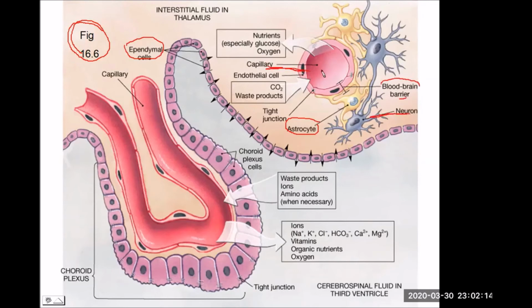In order for various chemicals to enter into the central nervous system, they have to filter through the astrocyte before they reach the neurons. And that property is regulating the makeup of our interstitial fluid, regulating which chemicals actually come into contact with the neurons of the brain and spinal cord. So that's the astrocyte blood-brain barrier.